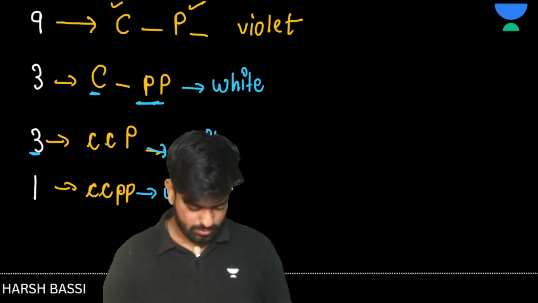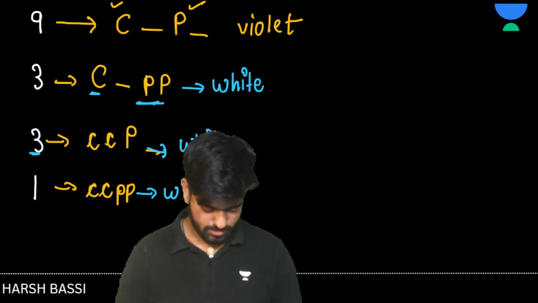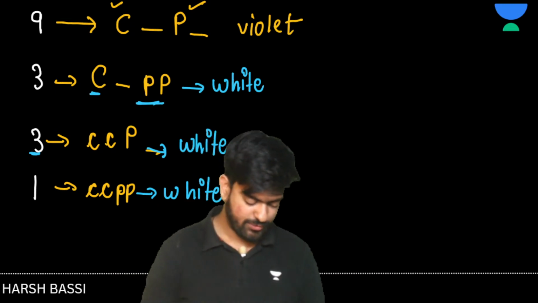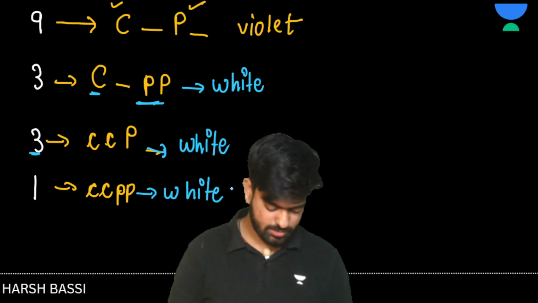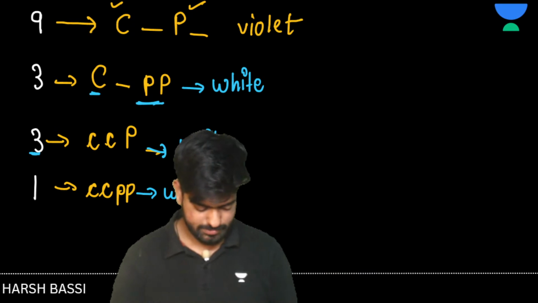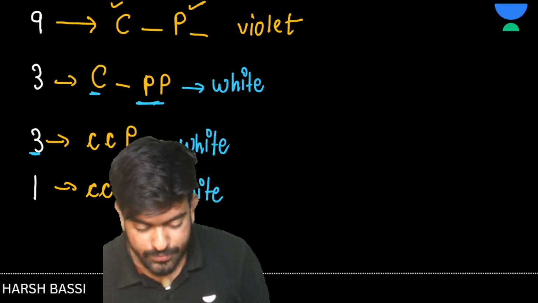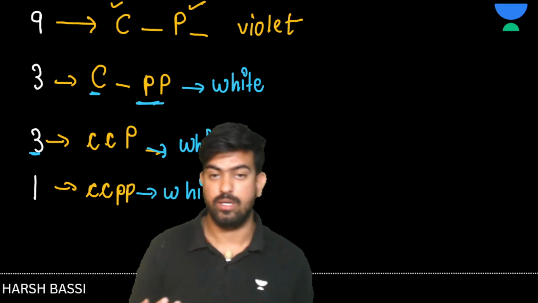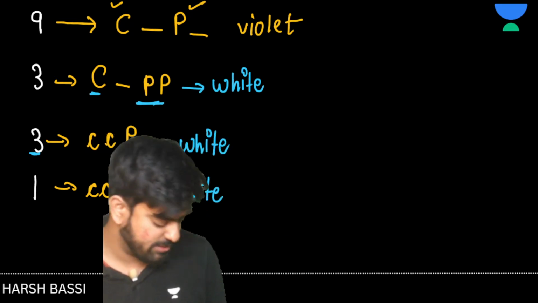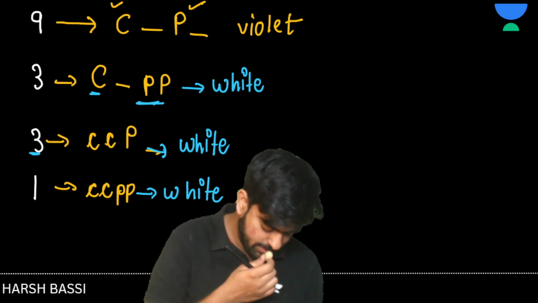Great. Okay, if you don't have any doubts, let's move forward. Now what will be the ratio here? What will be the ratio for violet and white flowers? Can anyone tell me in the comment section?